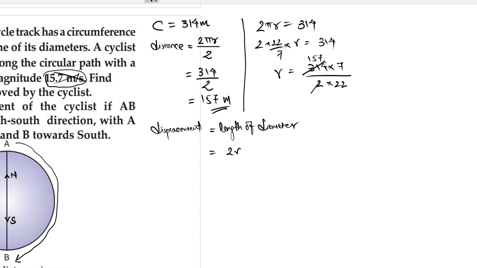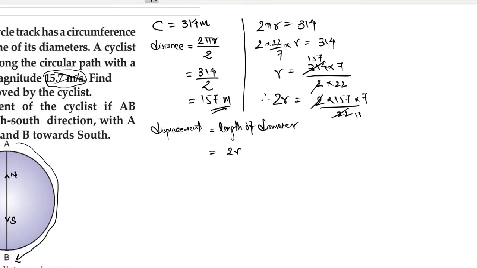So we can find the radius, or we can multiply the whole thing and get the length of the diameter. Therefore 2r will be 2 into 157 into 7 upon 22. If this 2 can get cut with 22, it becomes 11. Can 11 divide 157? 11 ones are 11, 4, 47. No, it cannot.